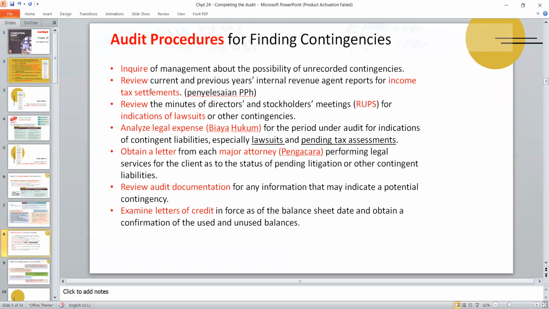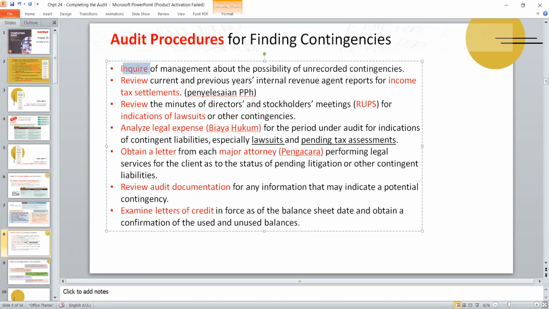Okay. And what kind of audit procedure is there for finding the contingency? There are so many techniques or procedures to get information about contingency. First, the basic one is you need to inquire, ask the management, about the possibility of unrecorded contingency.